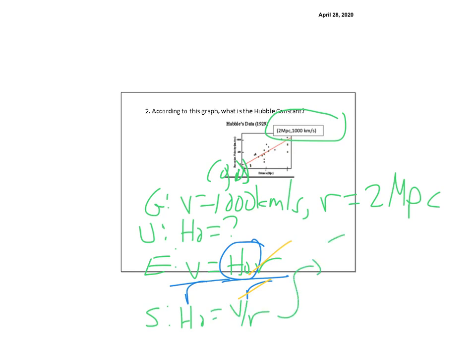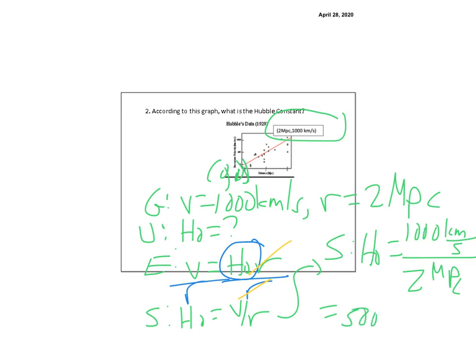So when I solve it, h naught is equal to 1,000 kilometers per second all over 2 megaparsecs. So 1,000 divided by 2 is 500.